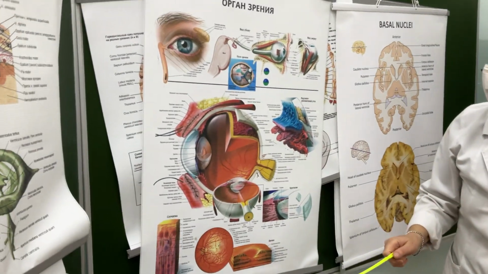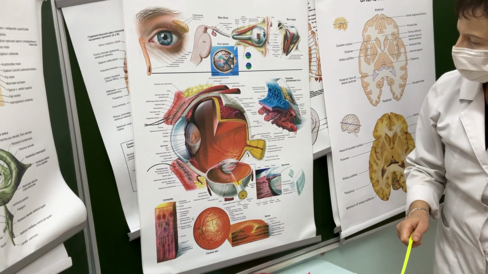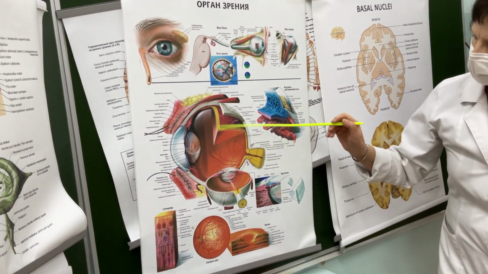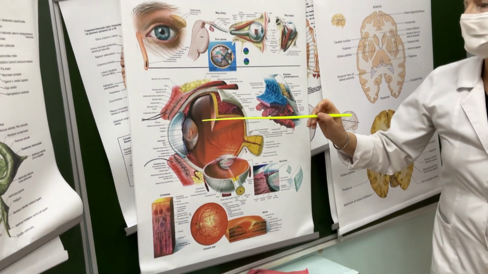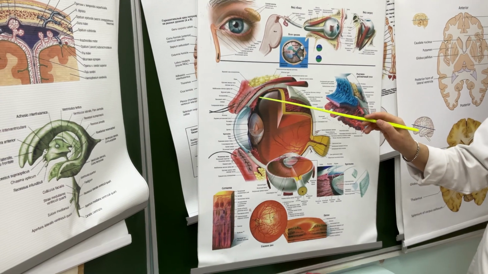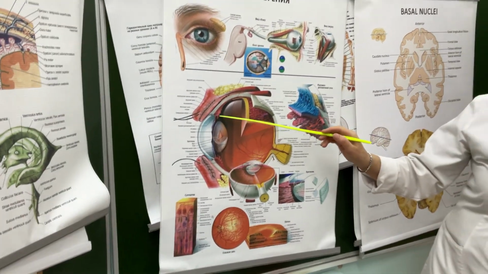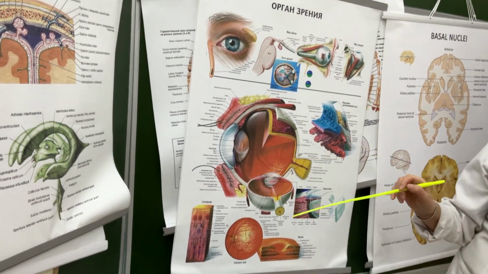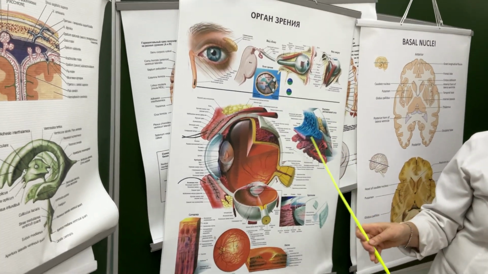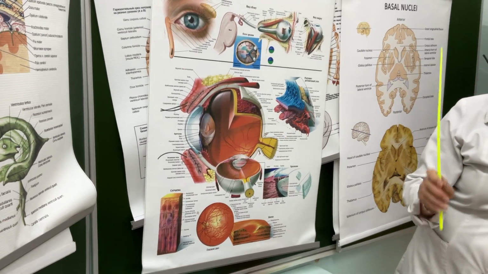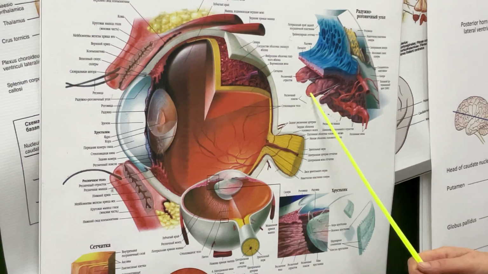The ciliary body consists of two parts. If we look from inside, we will see the ciliary orbiculus, closer to the choroid, a flattened part, and the anterior part, which consists of a lot of processes called ciliary processes.